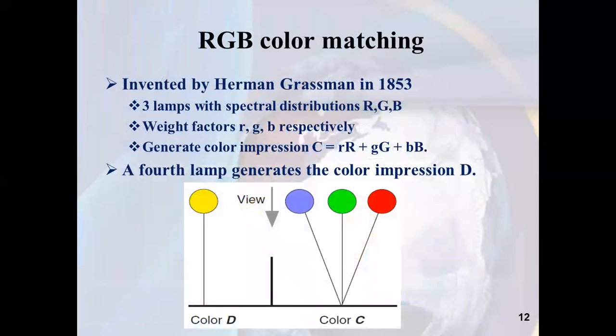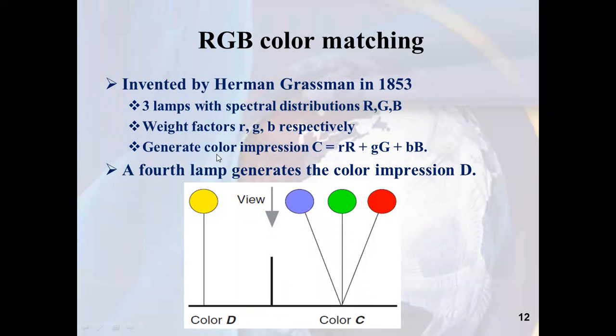So what is the idea, or the history, of RGB color? RGB color matching was invented by Hermann Grassmann in 1853. So we have three lamps with spectral distribution RGB. We have red color, green, and blue color. These are three lamps.